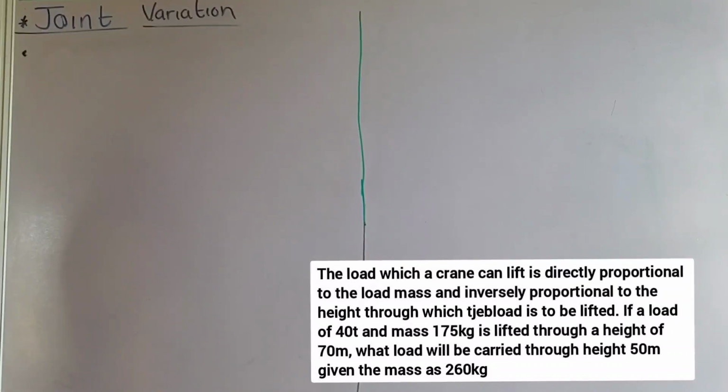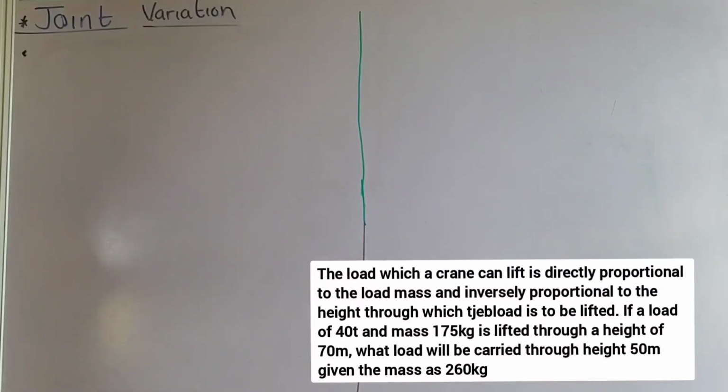If a load of 40 tons and mass 175 kg is lifted through a height of 70 meters, what load will be carried through height 50 meters given the mass as 260 kg?